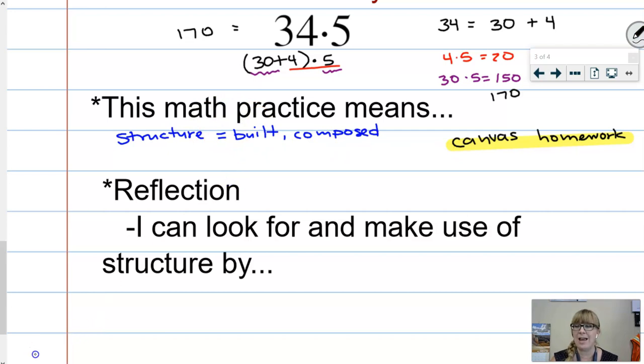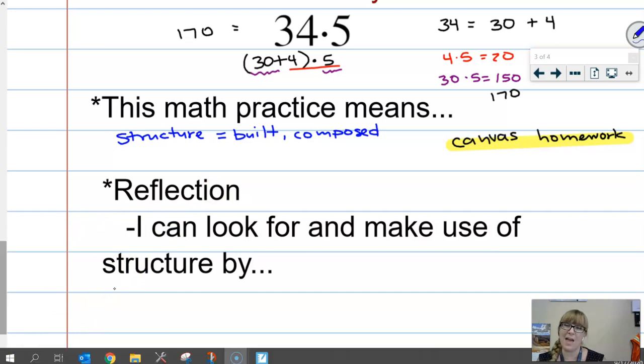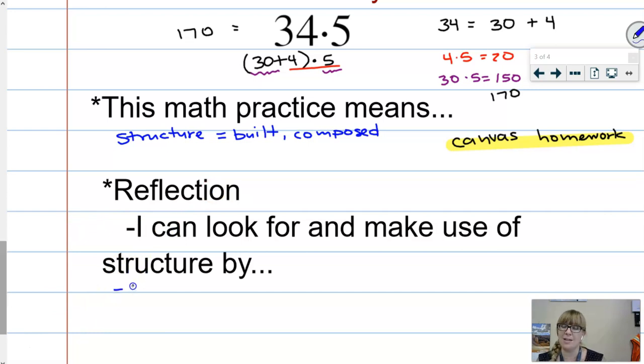I can look for and make use of structure by, make sure you write this in your notes. Let's reflect. I can look for and make use of structure by using what I know about math to break up a problem.